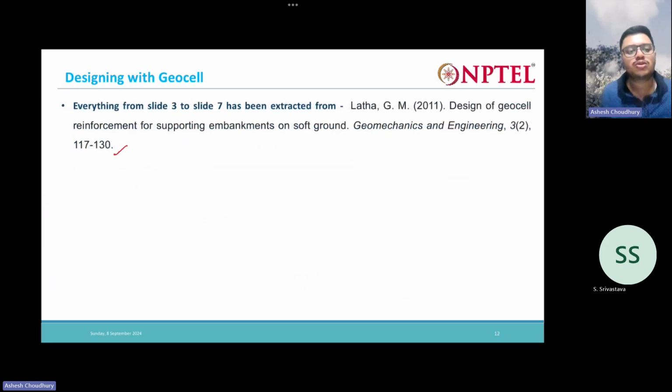You will find a design example there, which will be very helpful to you. Everything is clearly solved there, so I suggest that you go through that design example once. It will be very beneficial to you.